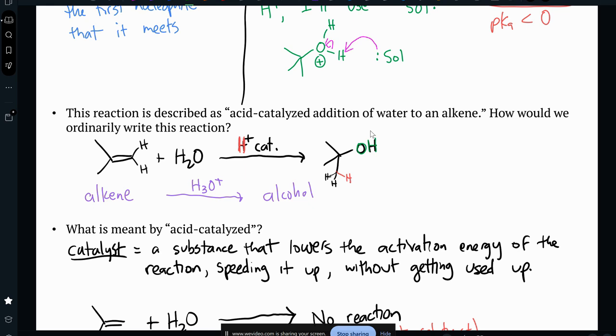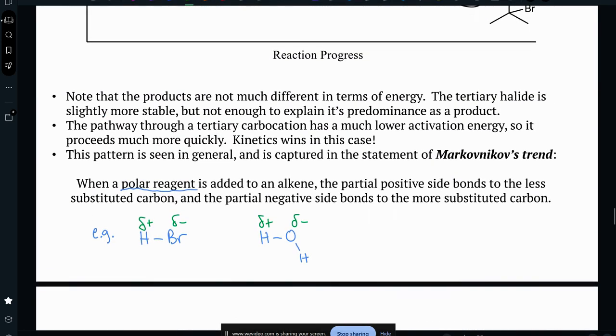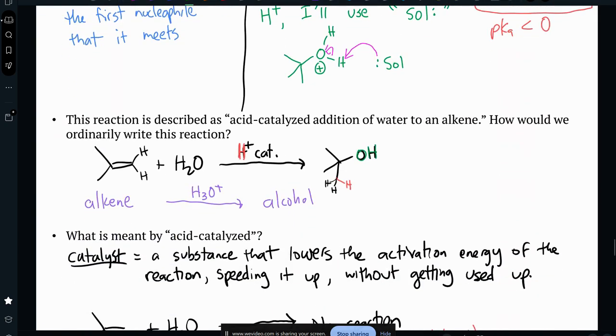We can ask ourselves, did this follow Markovnikov's rule? Well, remember that Markovnikov's rule said that when adding a polar reagent to an alkene, the partial positive side bonds to the less substituted carbon. So the partial positive side was hydrogen. That went to the less substituted carbon. And the more electronegative atom, or the partial negative atom, bonded to the more substituted carbon.